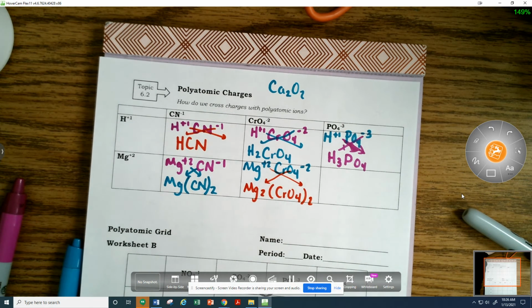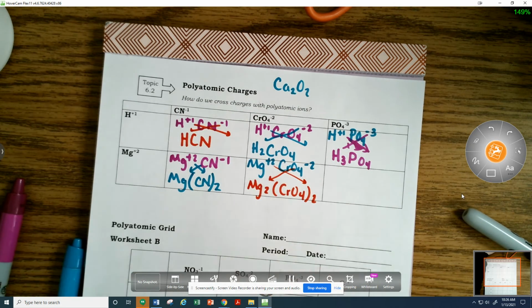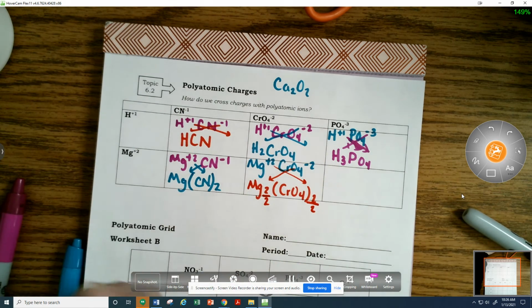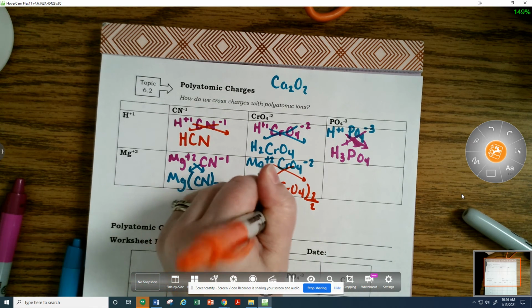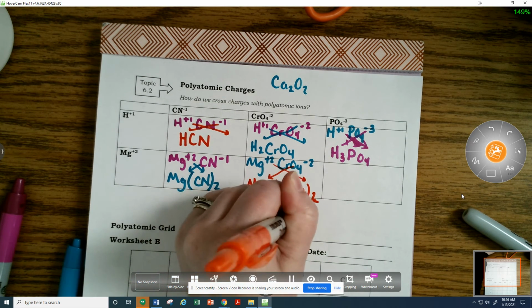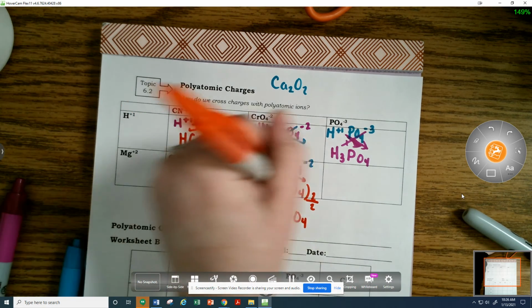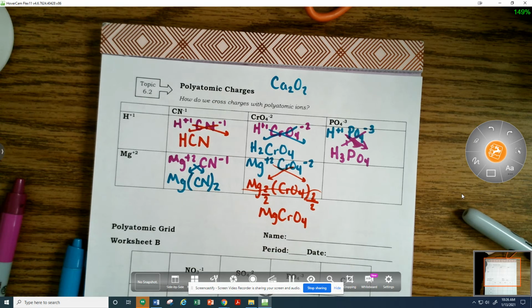Now, you may have picked up on this, especially after our first lesson, that these charges really do cancel. So I'm going to simplify the subscripts that showed up from charges. That means the CrO4 goes back to having just one of them, so no parentheses are needed, and it's just MgCrO4. If you skipped this step, that is just fine if you are recognizing that pattern.